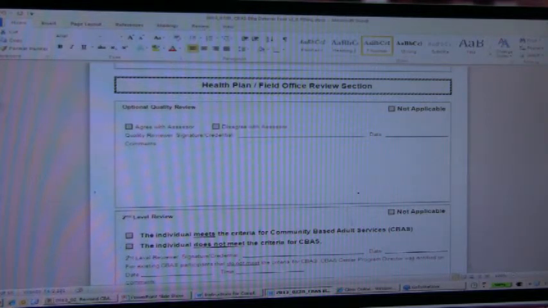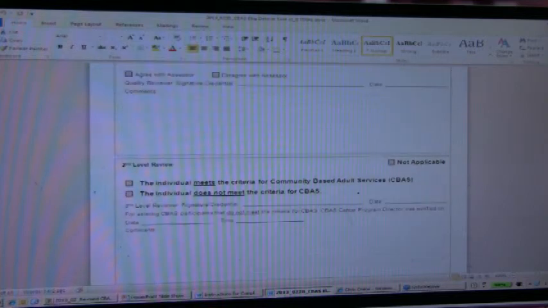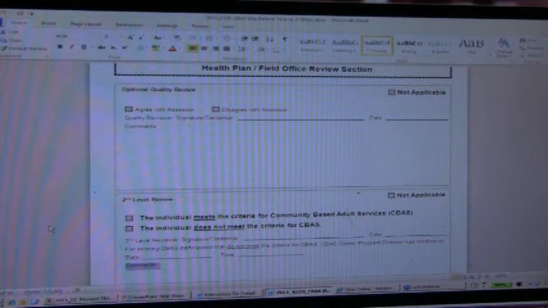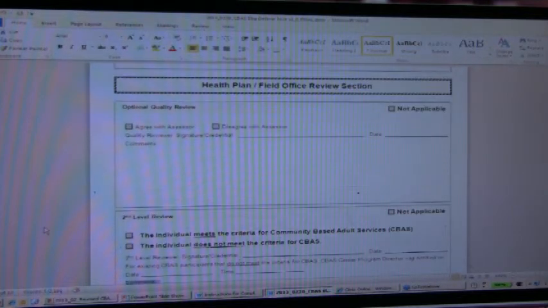But there needs to be a justification at each level of disagreement for why that person does not meet that CBAS criteria. And not so much what the person does not need, but maybe the conditions indicate CBAS would be appropriate, but the person is not at that level of CBAS intervention yet. There are other resources that are available before CBAS becomes a necessary service.